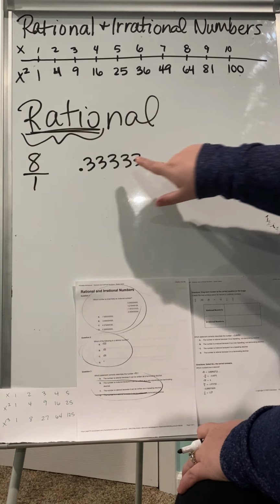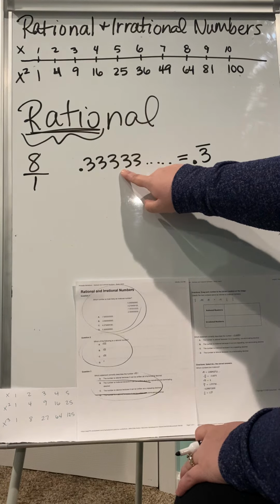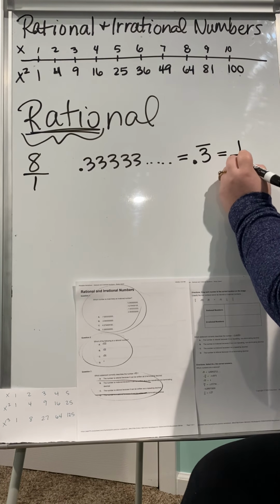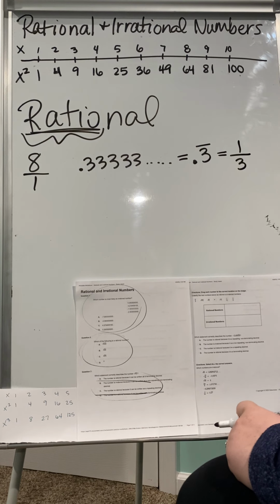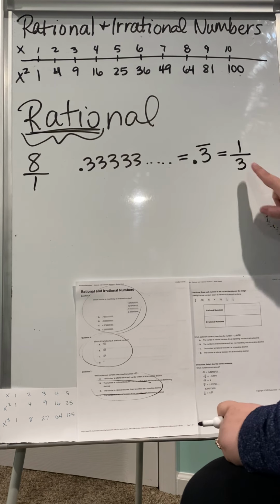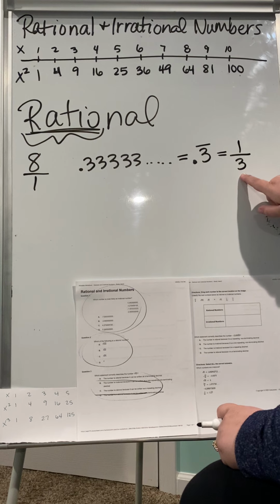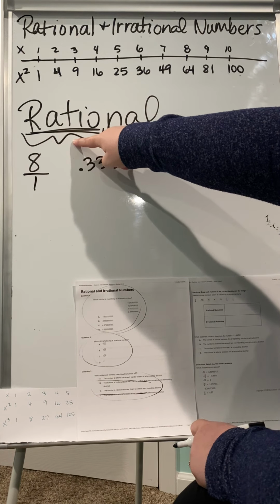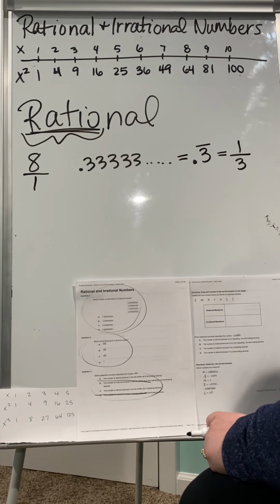Those repeating decimals have patterns to them. They can also be written as, you guessed it, a fraction. So again, if I can write it as a fraction, that makes it a rational number. Okay? If we can write it as a fraction, it is rational.